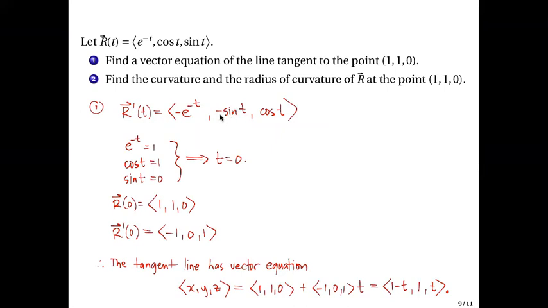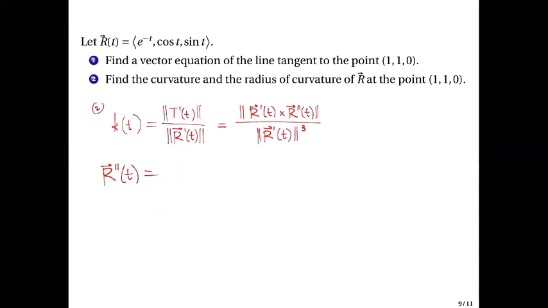The derivative of this is minus cosine t. The derivative of this is minus sine t. So try to remember that. We have e to the minus t, minus cosine t, and the other one is minus sine t.